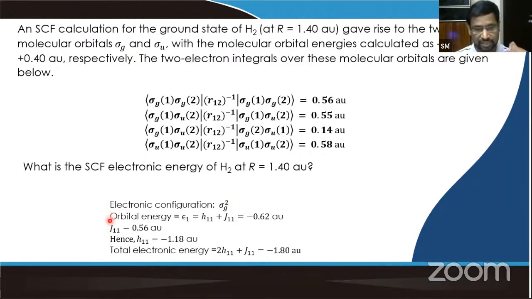One physical significance of the orbital energy: remember, this orbital energy comes because we have defined this special Fock operator, and these orbital energies are eigenvalues of that Fock operator, which is defined within the self-consistent field idea. So this is not one of the most natural ways of constructing an operator.